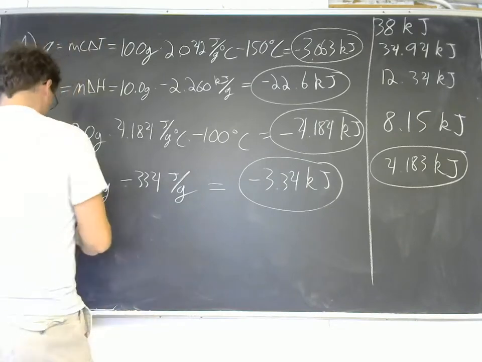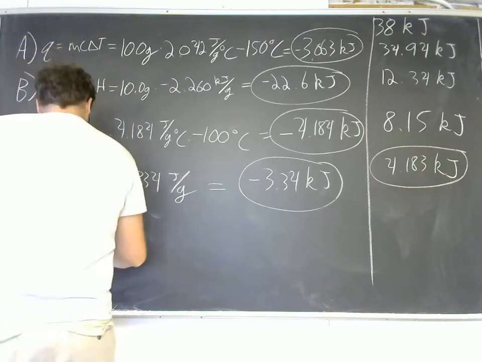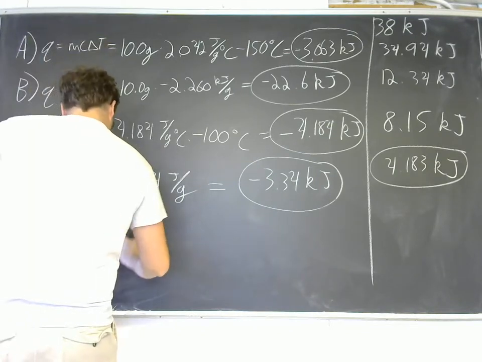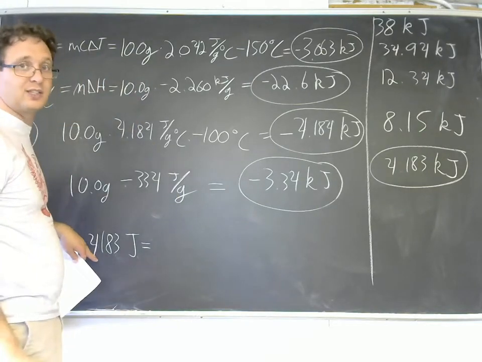So if I use Q equals mc delta T, in this case Q is going to be the negative 4,183 joules. That is the heat lost by the system.